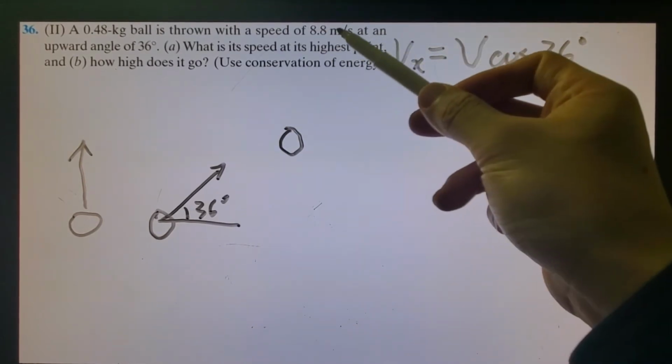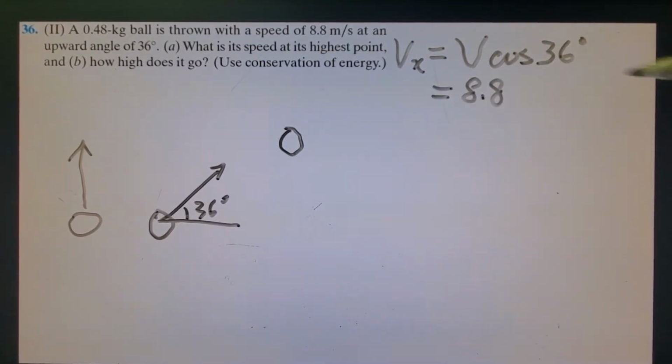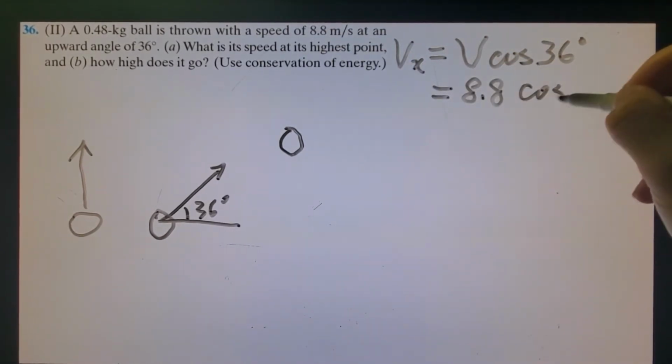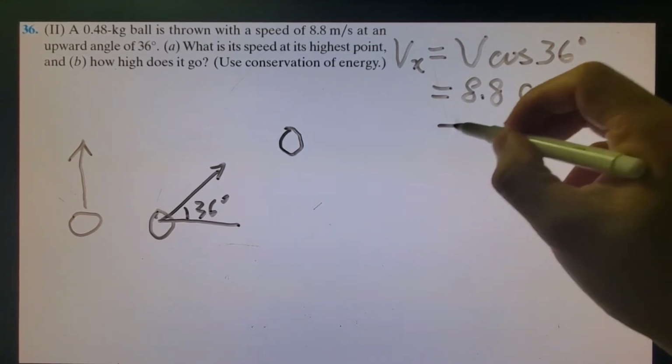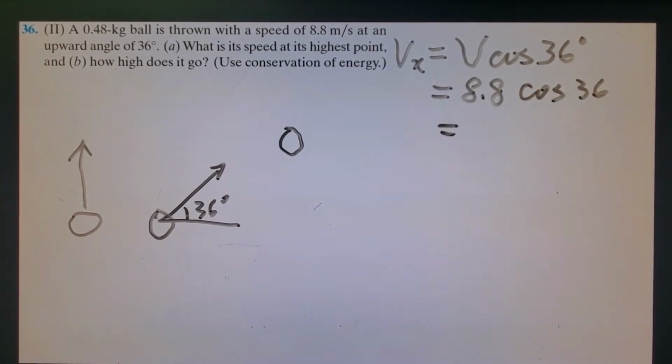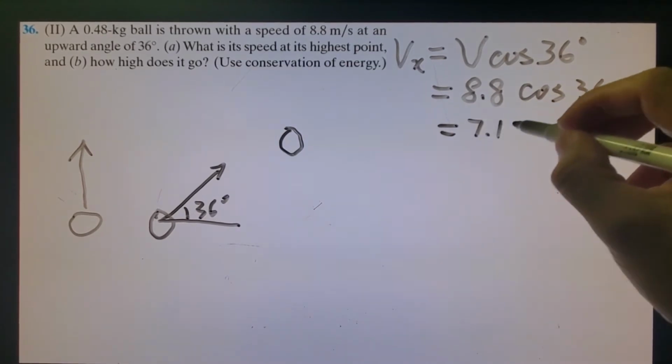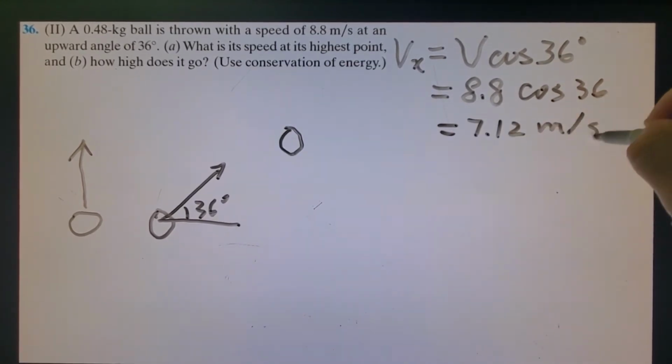Since it's a standard unit, I don't need to write down the unit, times cosine of 36, and that is equal to 8.8 times cosine of 36, 7.12 meters per second.